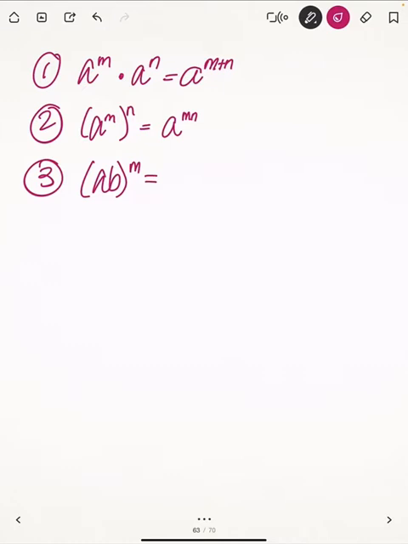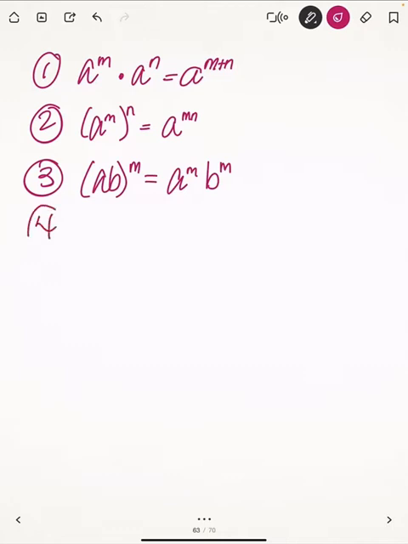Whenever we have parentheses and 2 variables inside, we're going to raise both of these to the same power. So this becomes a to the m times b to the m. We're going to come back to this not only in this unit, but also when we get into logarithms, which is our next and final unit for this semester.